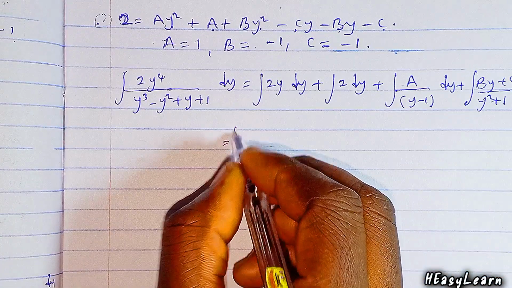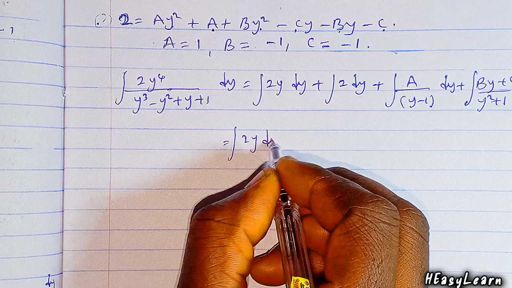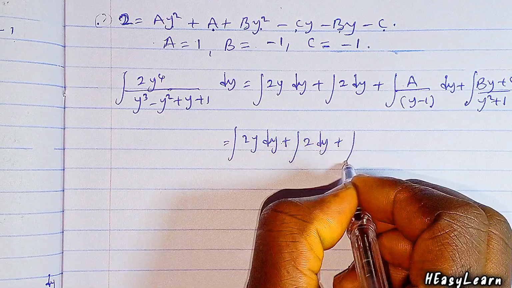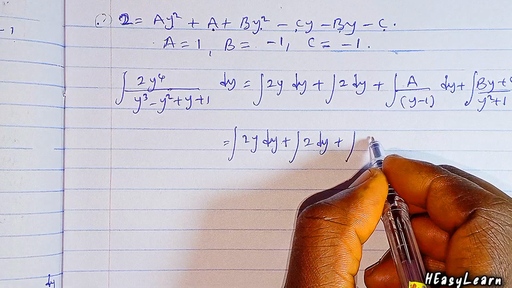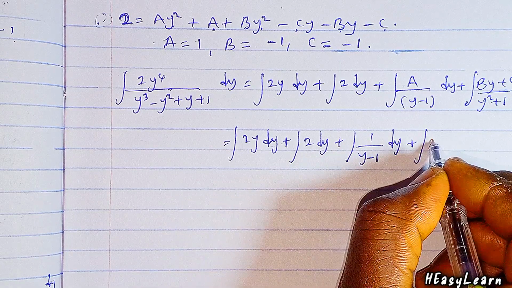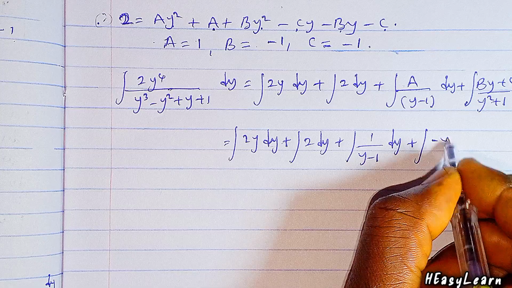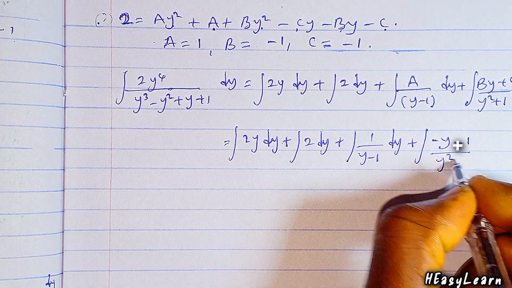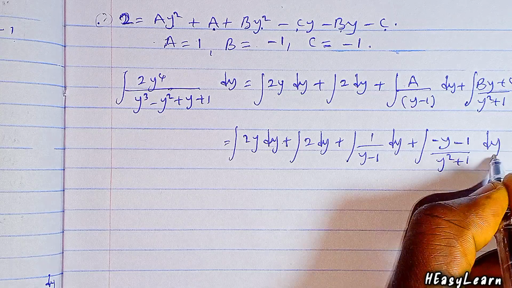So we have found A, B, C in this expression. 2 dy plus the integral of 1 over y minus 1 dy plus the integral of minus y plus 1 divided by y squared plus 1 dy.